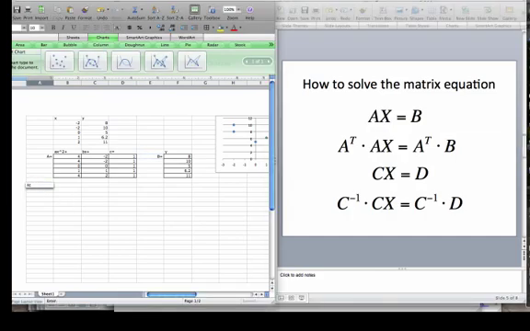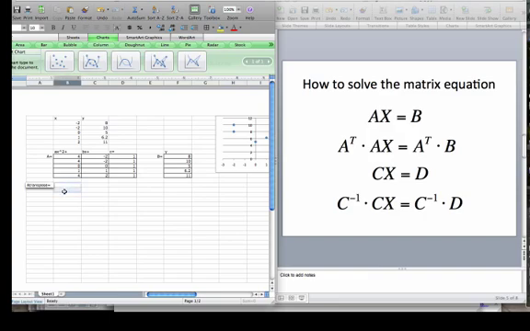To find A transpose, I'm going to label it. I need to know the size of A. A is 5 by 3, so its transpose would be 3 by 5.